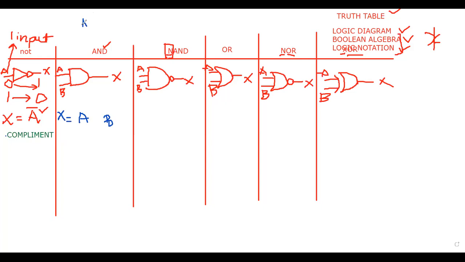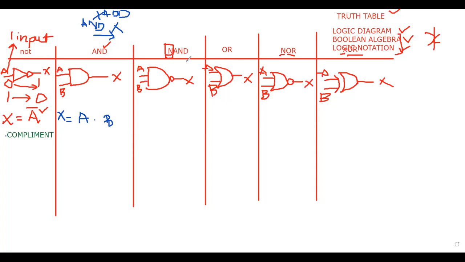AND is similar to add, isn't it? But we will not do add. We will do the opposite of it, that is, multiply. So multiply would be represented as dot.